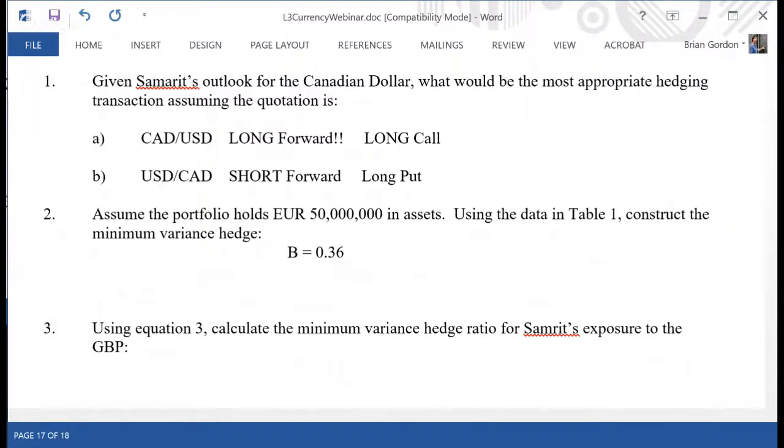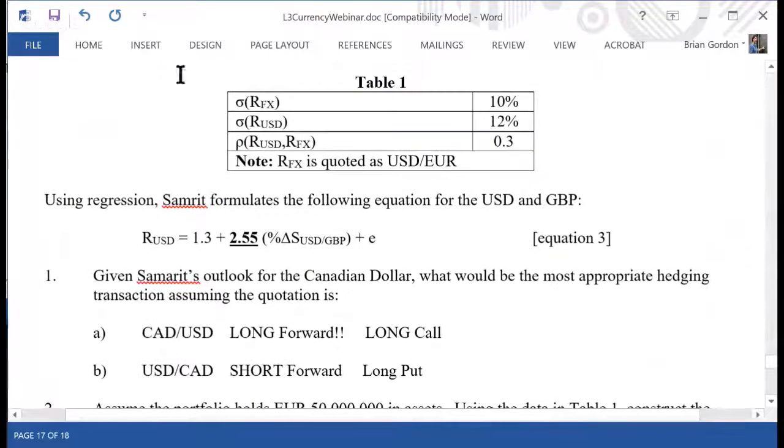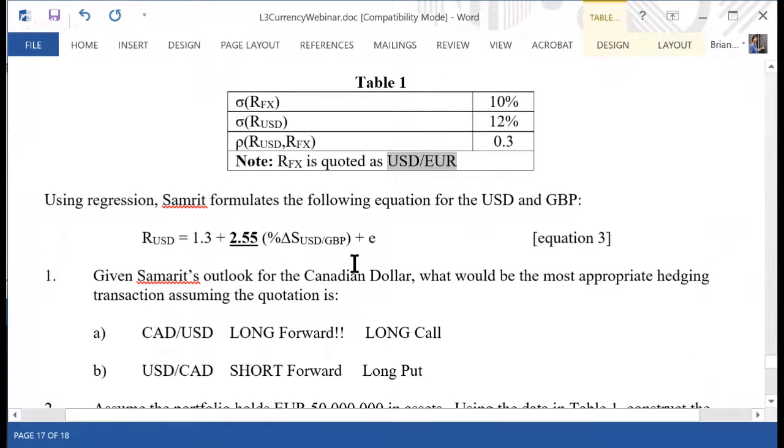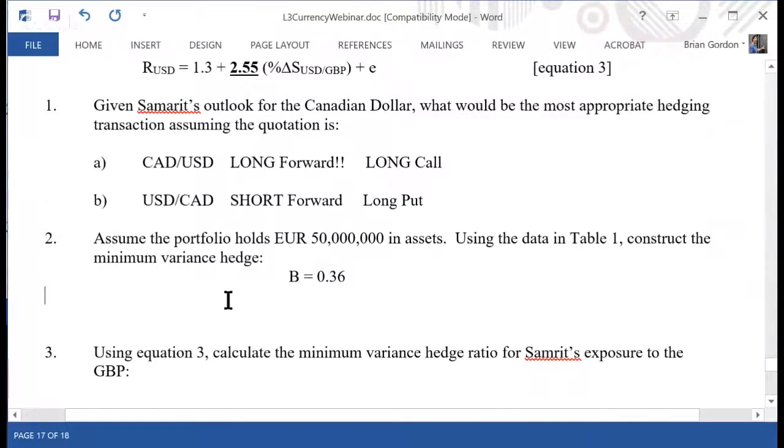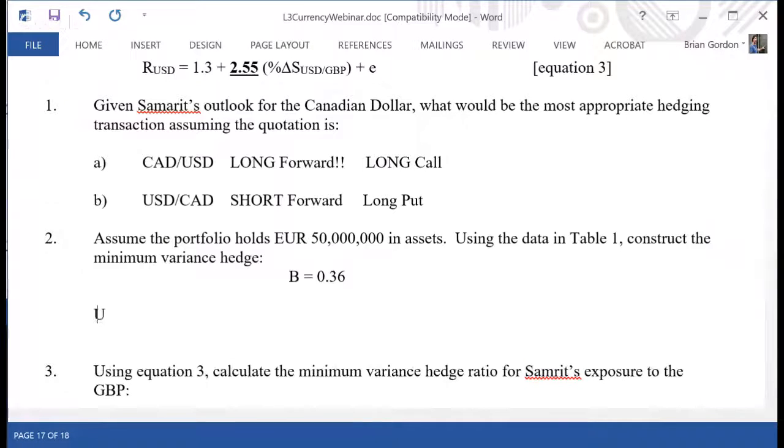So now, how do we use this? Well, I got to come back up here and look at the table. Make sure you know how the currency pair is given. The currency pair is US per euro. That is critical because now when I set this up, let me just put it in here, USD per euro. Okay, well, now I know I want to short the forward.